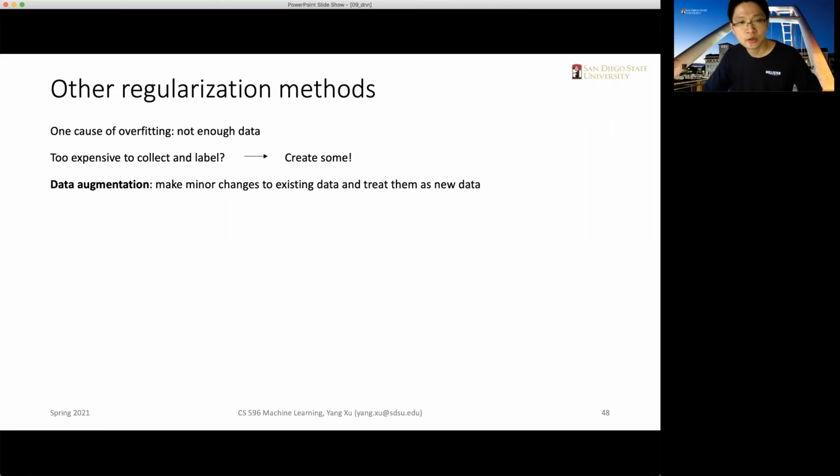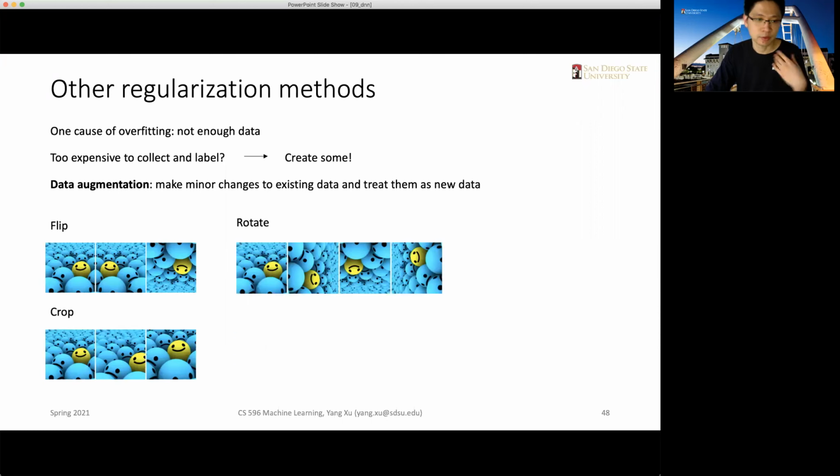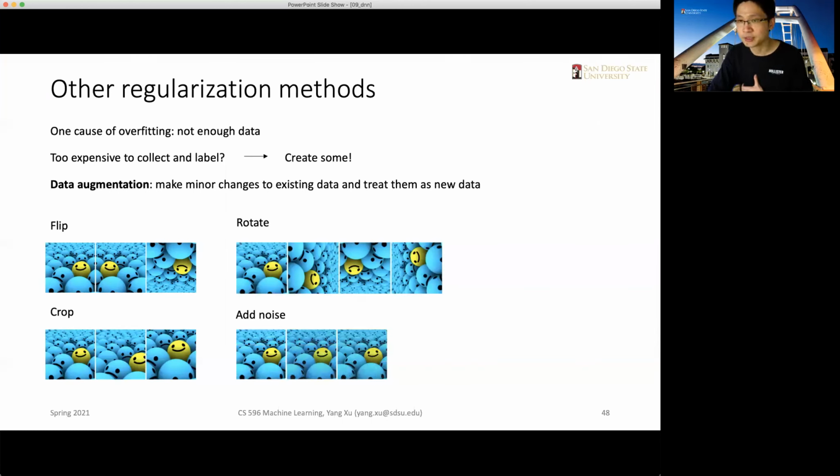It's an operation of making minor changes to existing data and treating them as if they were new data points. The traditional way is that we flip the images, we rotate, we crop, or we add some noise to the image. In this way, we can make the training data set double or triple in size or even more.